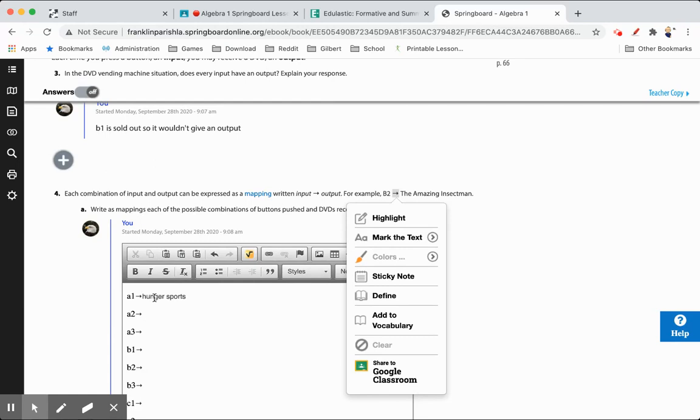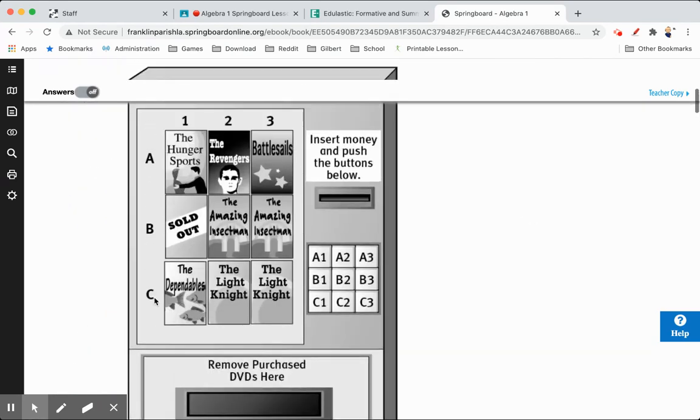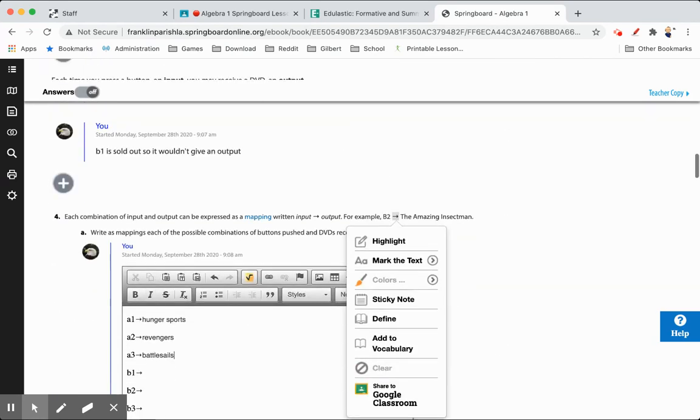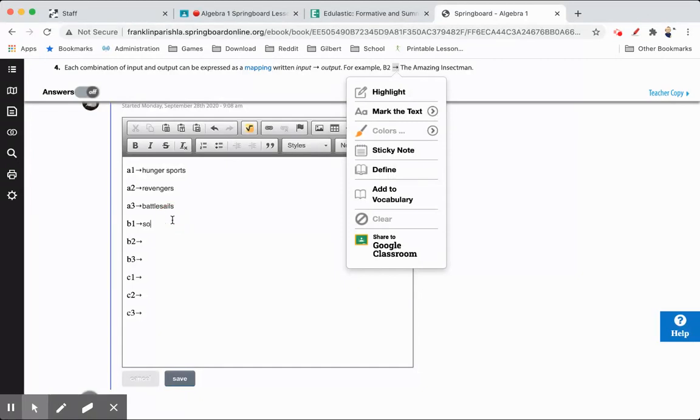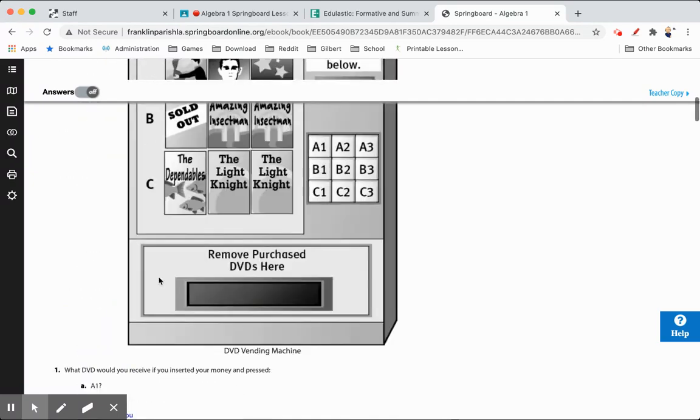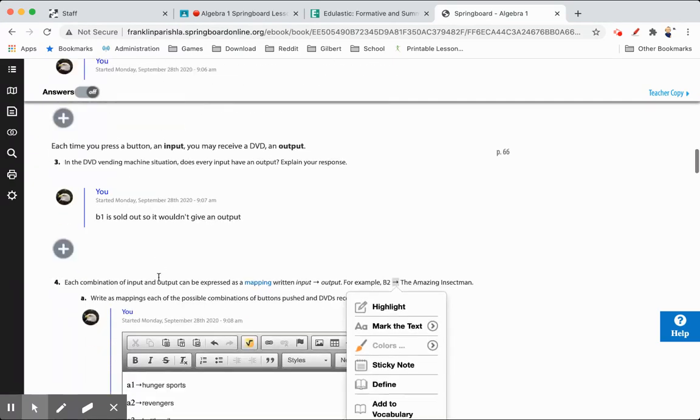Hunger Sports, Revengers, Battle Sales. And then it's sold out. Amazing Insect Man. And then on C, we get Dependables and then The Light Night.